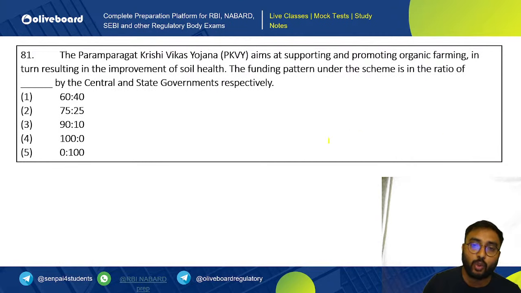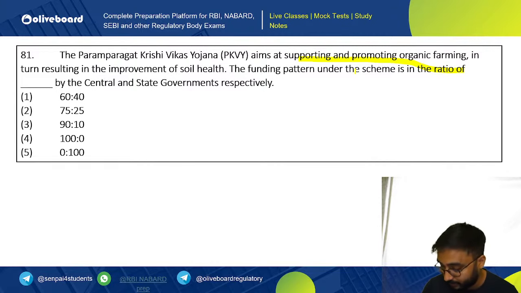Paramparagat Krishi Vikas Yojana, which supports organic farming: the funding pattern of the scheme is in what ratio between central and state government? 60 to 40, 75 to 25, 90 to 10, 100 to 0, 0 to 100.